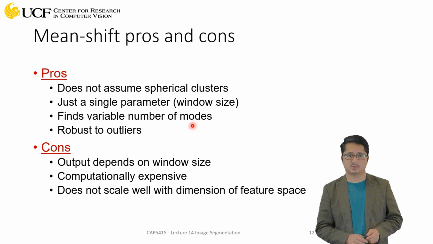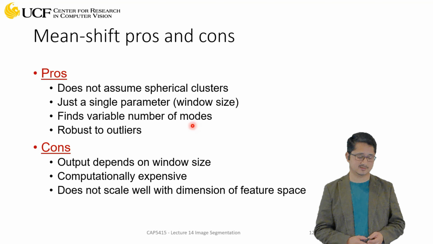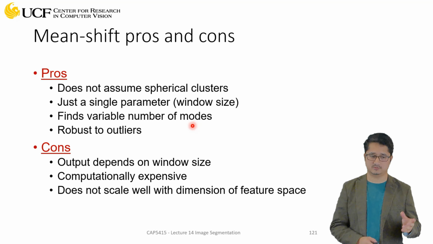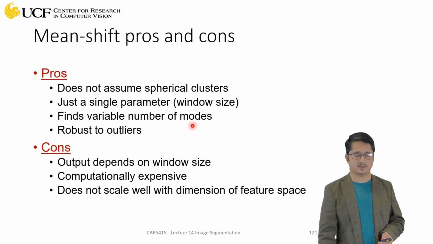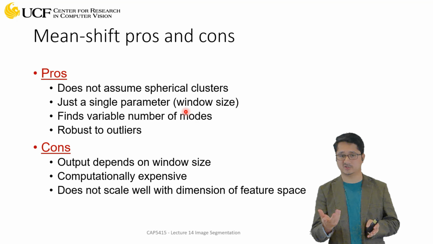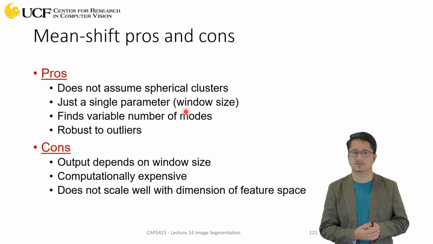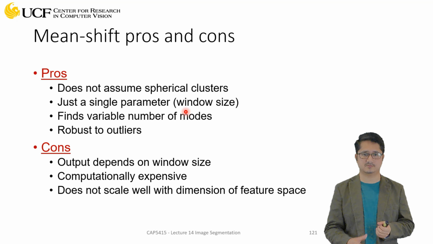Okay, so the good thing about mean shift is we don't need any estimation of how many clusters we have to determine. It will do it automatically for you. And it doesn't matter how many modes you have in your color. For example, some images might have just 2 modes or 2 segments, and it will work in that case as well. Some images might have hundreds of different segments, and it will operate in that case as well.